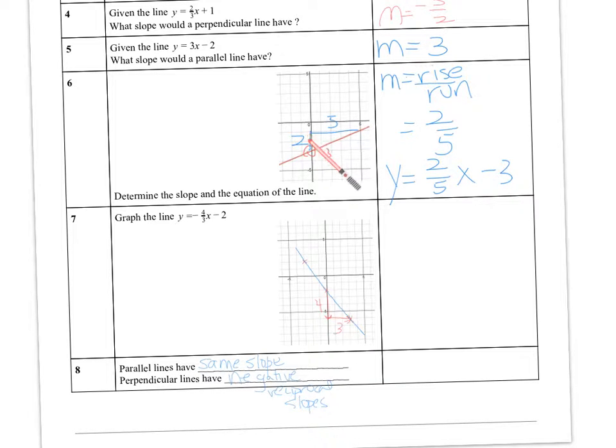So in order to get from this point to the second point, I'm going to rise 2 and run 5. So my slope then would be 2 over 5. Now where did I start? I started at minus 3, so that would be my y-intercept. At the bottom, parallel lines have the same slope and perpendicular lines have negative reciprocal slopes.